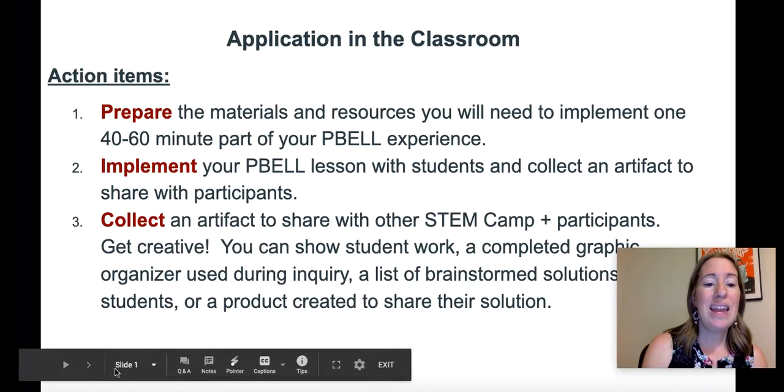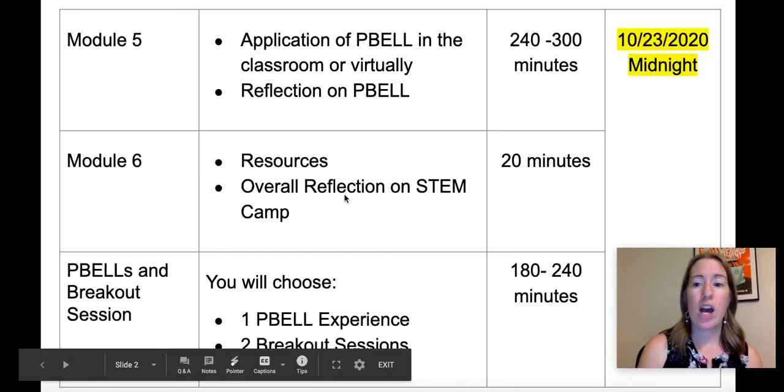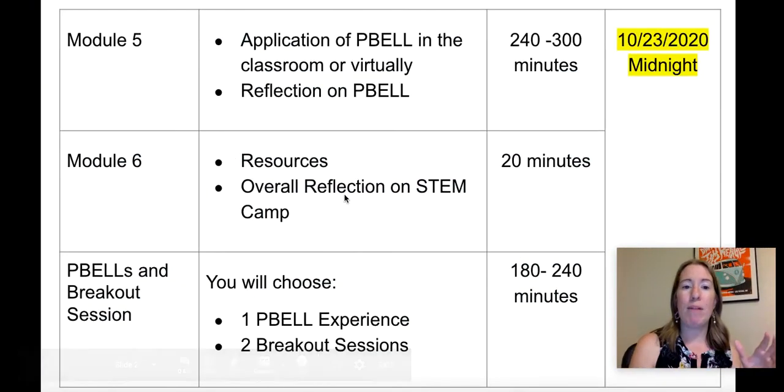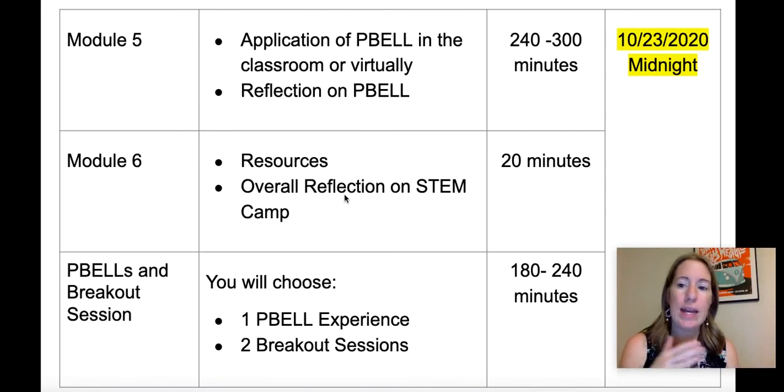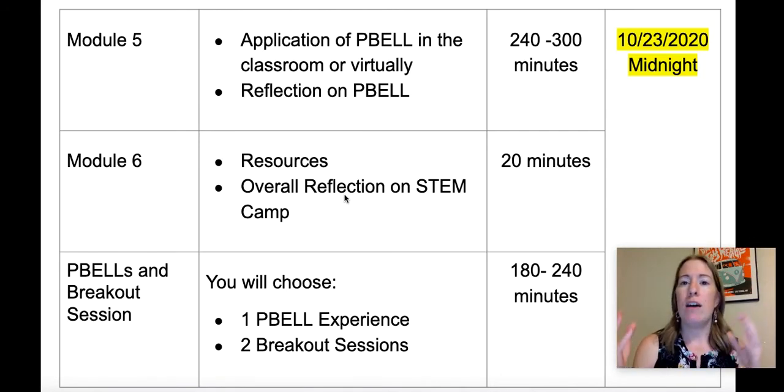All right, the next thing that I want to talk about is I want to frame this application in the whole scope of STEM Camp Plus. So far, you have completed between 10 and 12 hours of course learning, and you've done that in modules 0 through module 4. So now you're in the application and reflection.